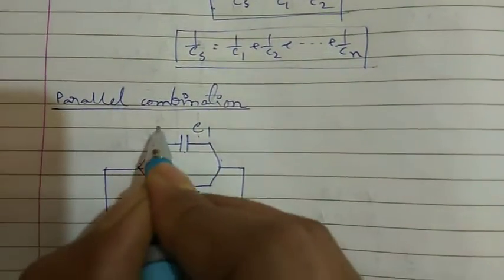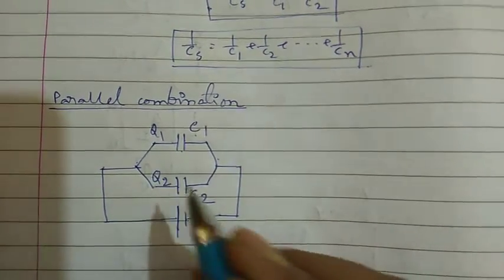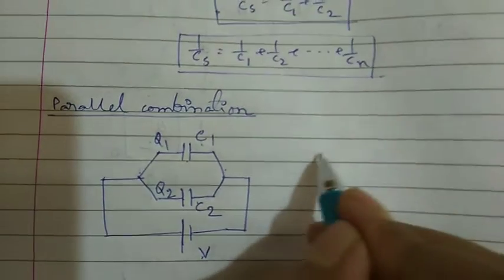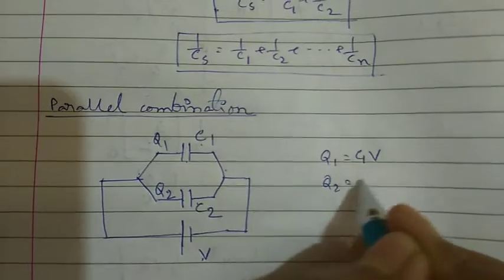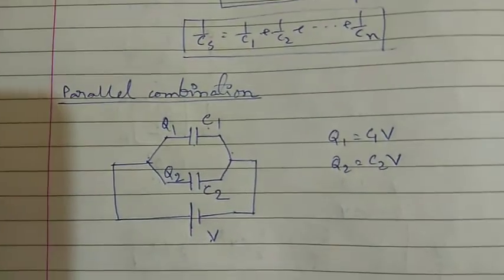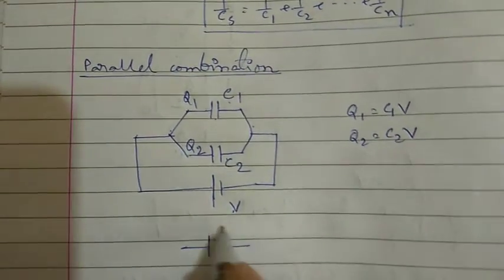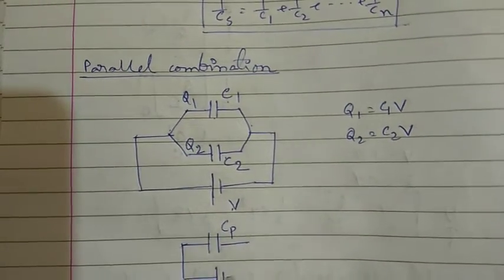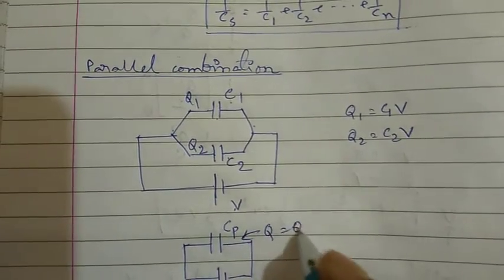So say this one has charge Q1 and this one has charge Q2. So for the first capacitor we can write Q1 equals C1 V, and for the second one Q2 equals C2 V. Now the equivalent of these two capacitors means we will have a capacitor Cp such that its potential difference is V and the total charge on this one is Q equals Q1 plus Q2.